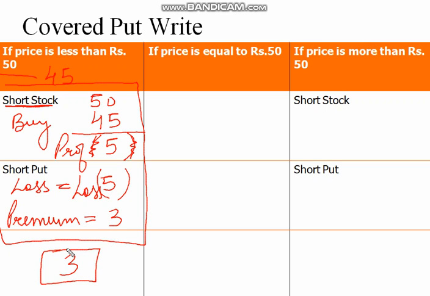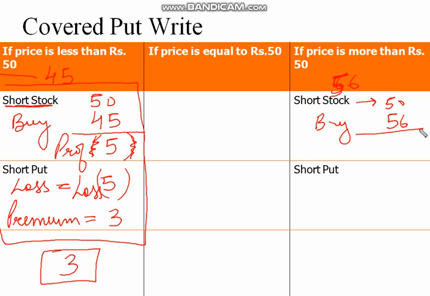Now if the price is more than rupees 50, let us assume it is rupees 56, right? So now what happens is on the short stock we took at a price of rupees 50. You are covering it, you are closing this position by buying it at a price of rupees 56.